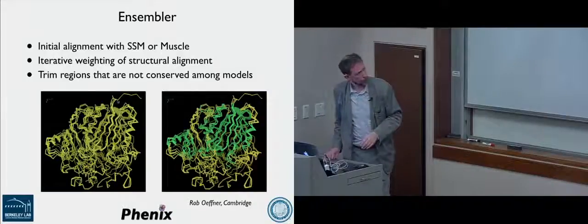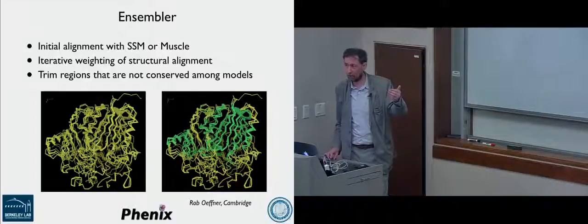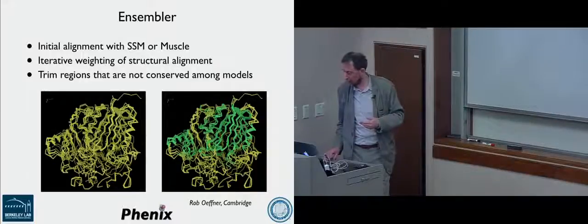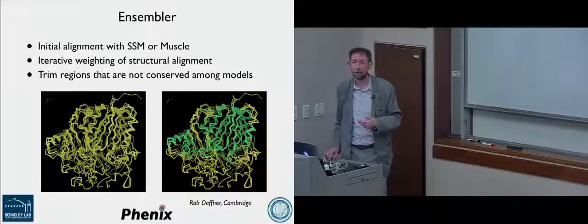So that's what you can see here. But then it can also be used to trim off all this extra stuff on the outside. Because if you did molecular replacement with this, even though this represents both the conserved core but also variability, it didn't work. Whereas if you pare it down to this green conserved core, the molecular replacement did work. So you can see that might make a difference.